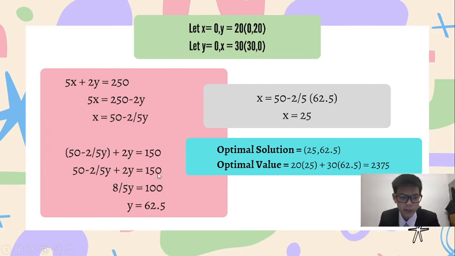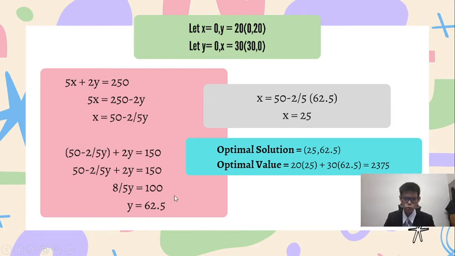So 150 minus 50 will equal 100. And 2 over 5y plus 2y: y becomes 8 over 5, because this 2y we break into 10 over 5y. So 10 minus 2 will equal 8. So 8 over 5y equals 100.